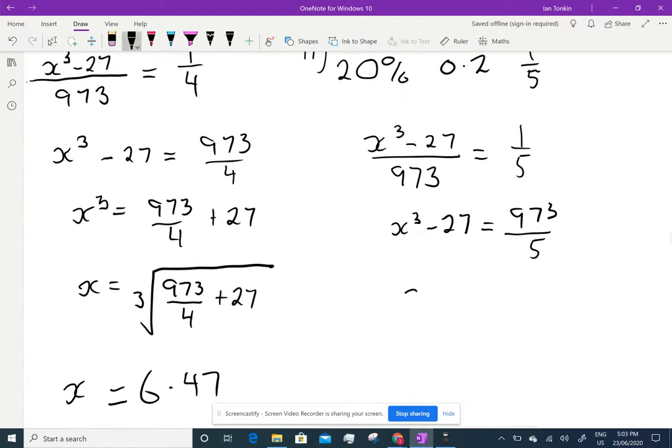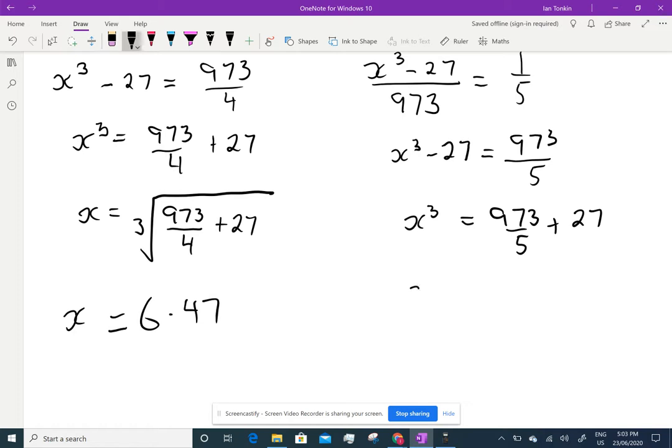Add the 27: x cubed equals 973 over 5 plus 27. And cube root the whole lot.